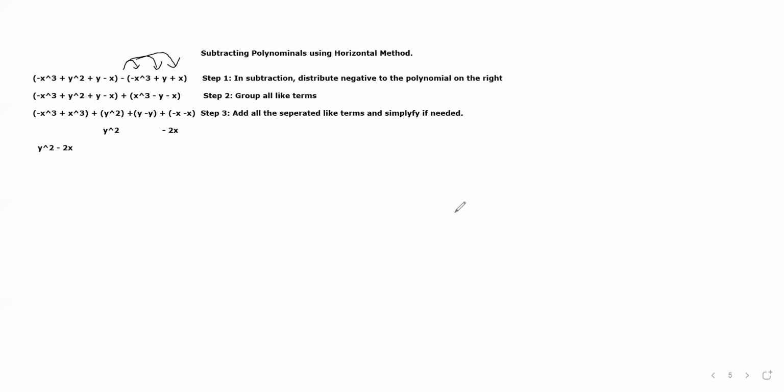So in this case, we have negative times a negative x cubed. The negative and negative multiply to give me a positive. All right, so we did that.